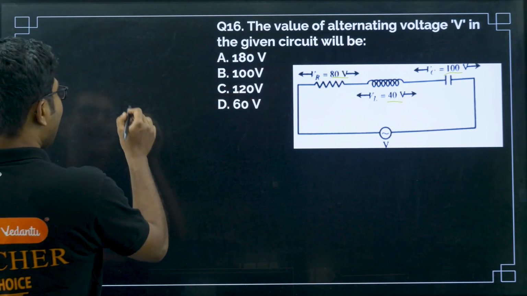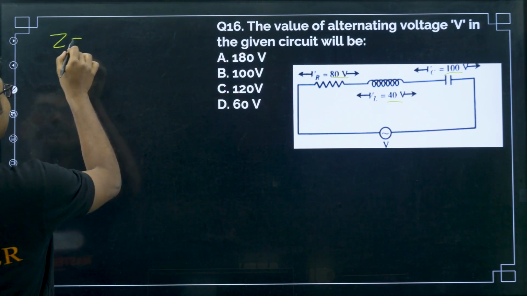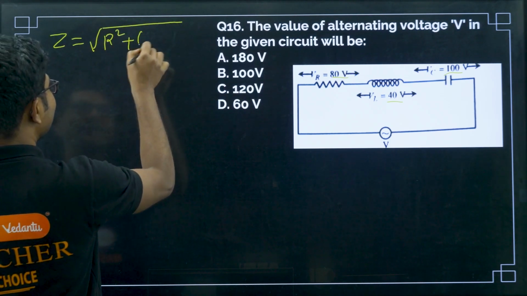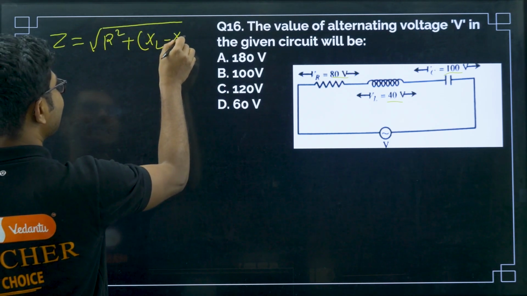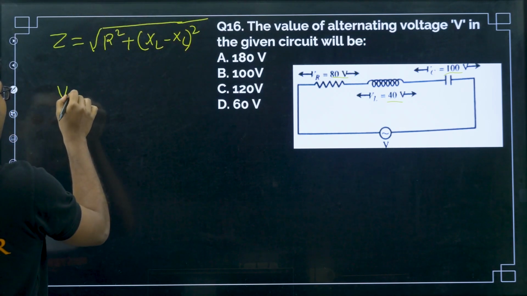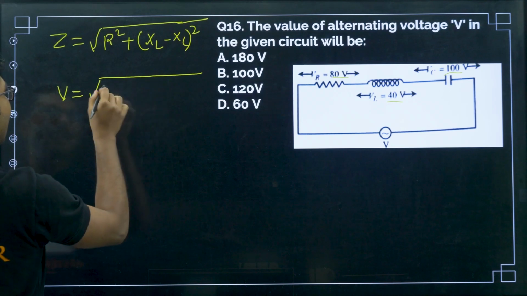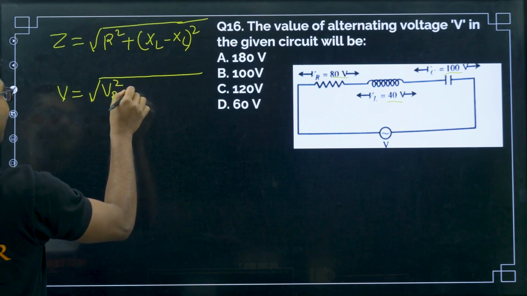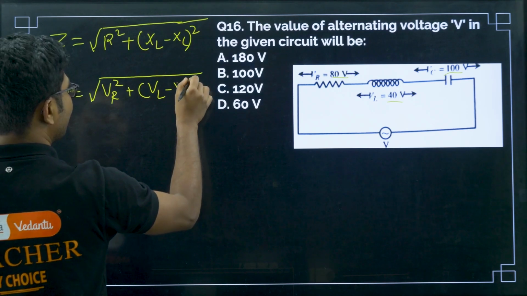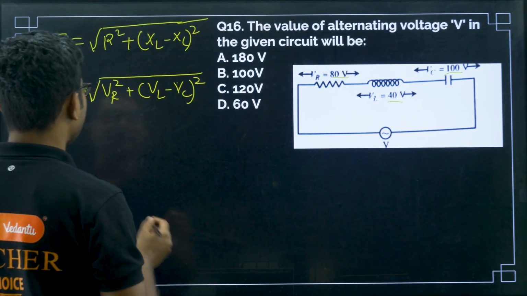We know that Z is square root of R square plus XL minus XC whole square. Similarly, for voltage also it is the same formula: V equals square root of VR square plus VL minus VC whole square. This is the formula that you have to apply.